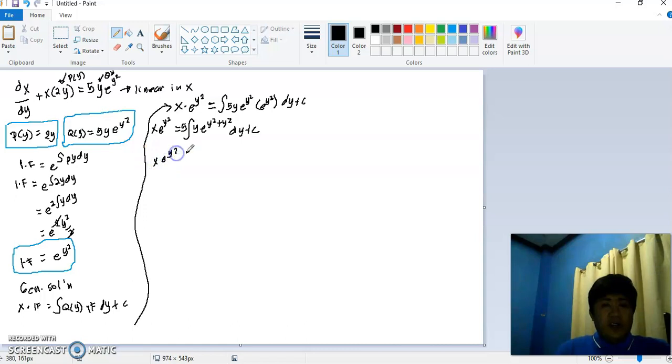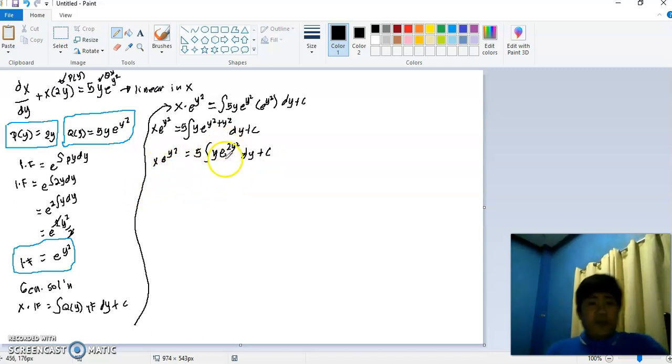Simplifying it further, we have 5y e to the 2y squared dy plus c. Okay, from there, we can now integrate.